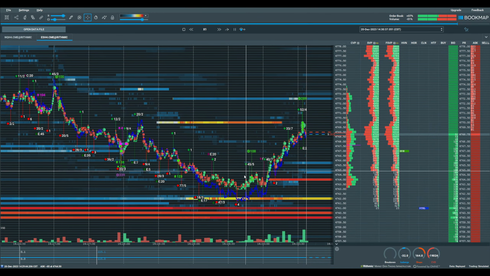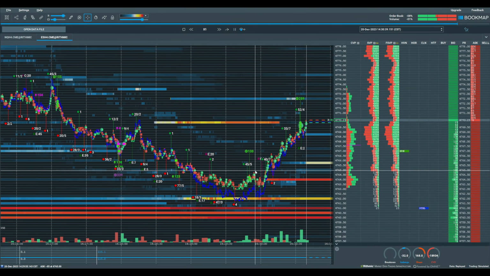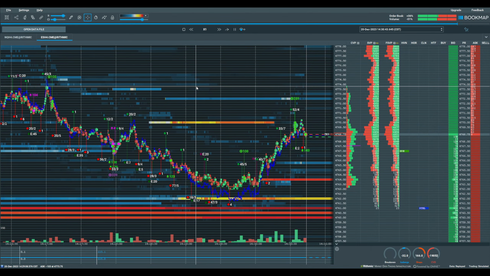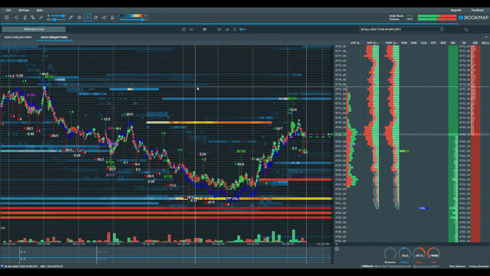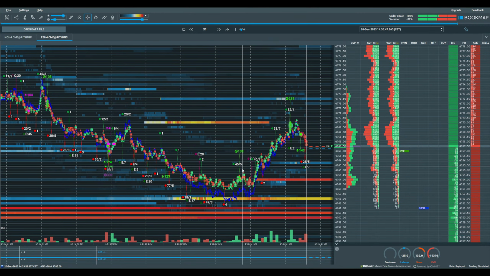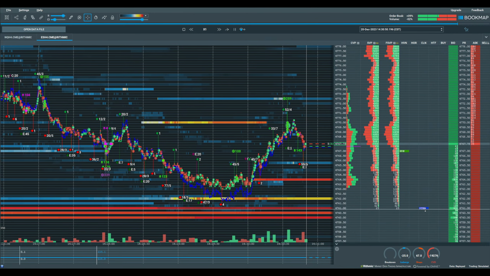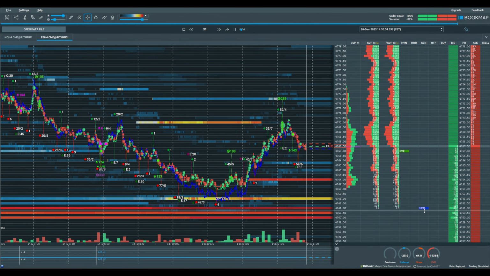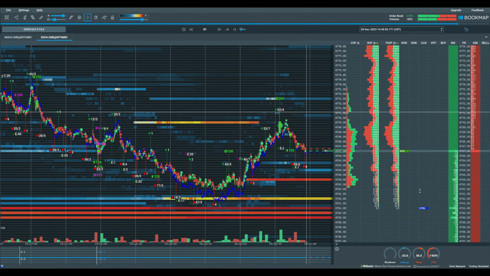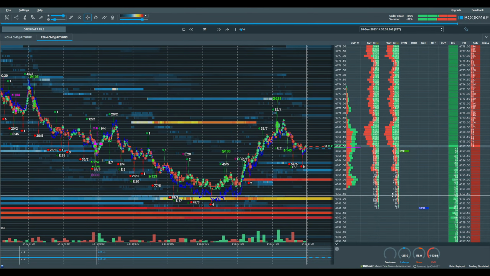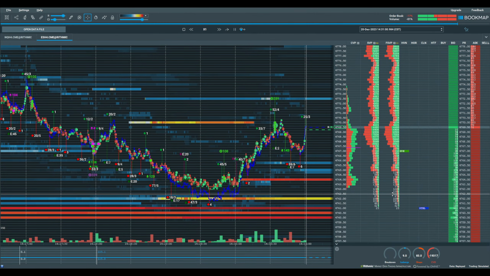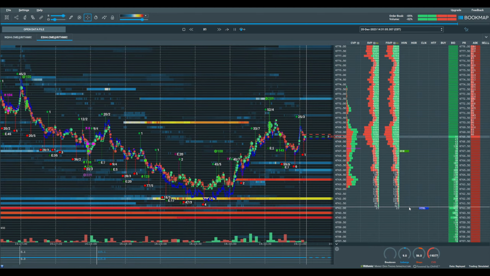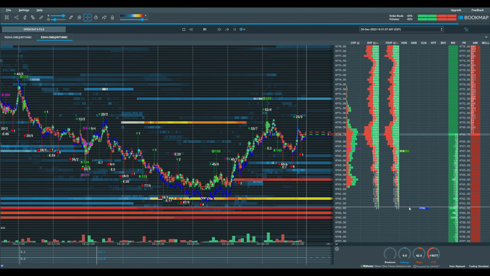Or the more plan-oriented version, I guess, is to leave the stop where it belongs at break even, at the risk neutral scratch, and target your major level, which is in this case the low of the full session, which is the ETH, the extended or electronics trading. And that would be right there at the 61. So you sit here and wait.